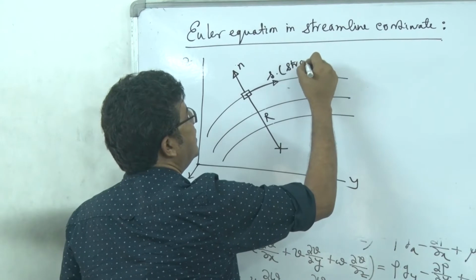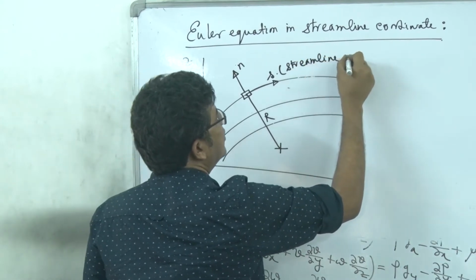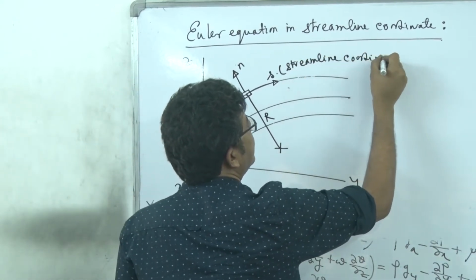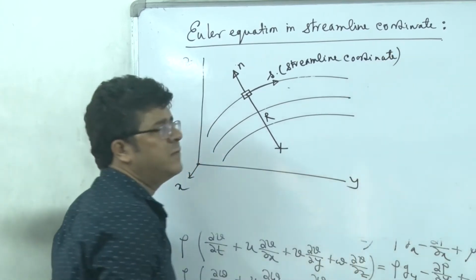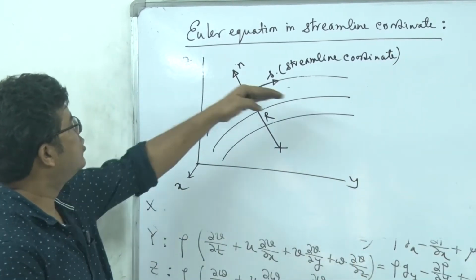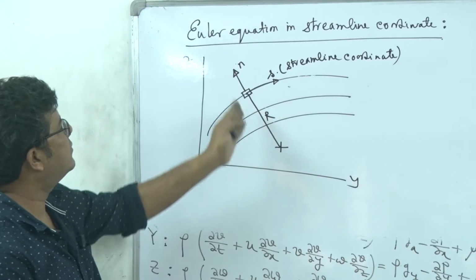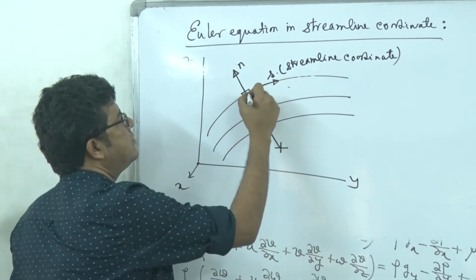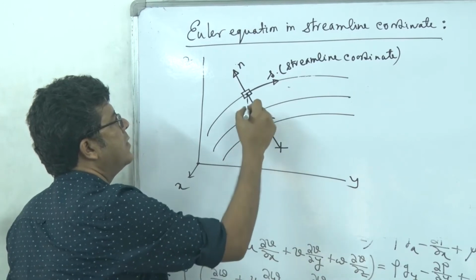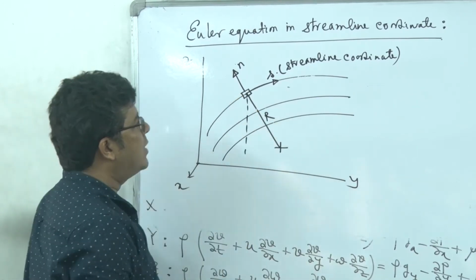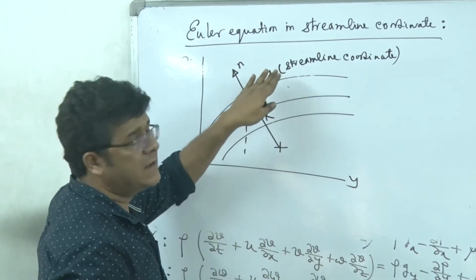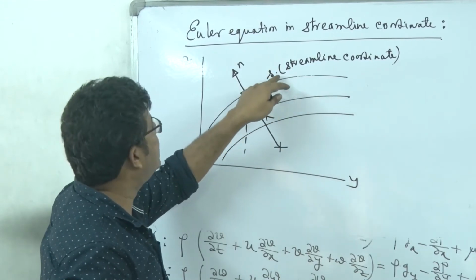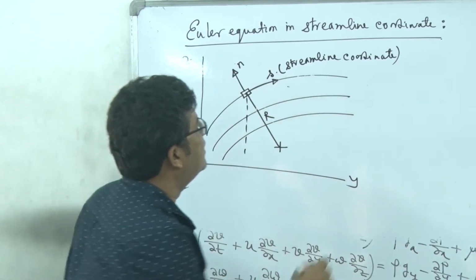S is basically the streamline coordinate. So instead of this x, y, z, we are using two coordinates here. One is along the streamline, another perpendicular to it, and this is some angle. So what will be the Euler equation? Definitely there will be two equations, along S and along N.